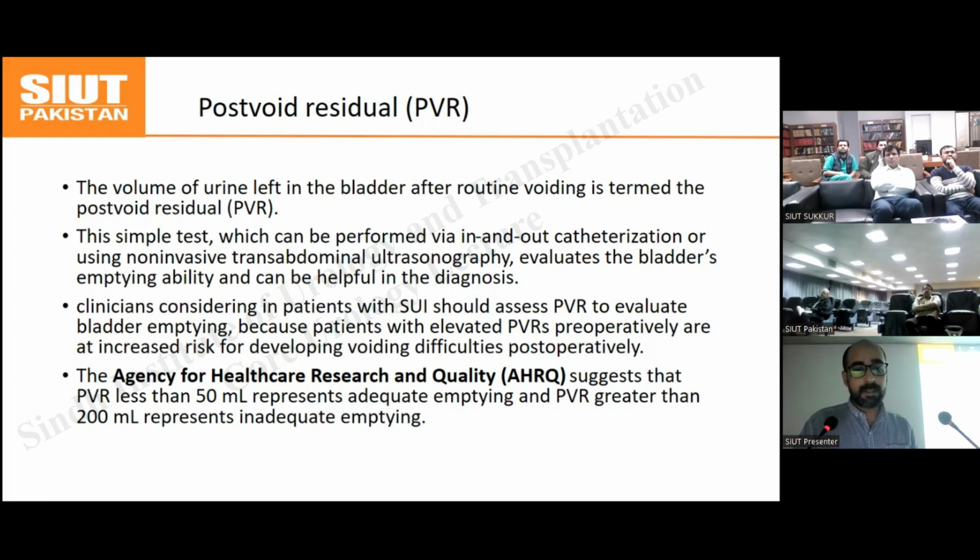The clinician considering surgery in patients with stress urinary incontinence should assess post-void residue to evaluate bladder emptying, because patients with elevated post-void residue pre-op are at increased risk for developing voiding difficulties post-operatively. Post-void residue less than 50 ml represents adequate emptying, and greater than 200 ml represents inadequate emptying.